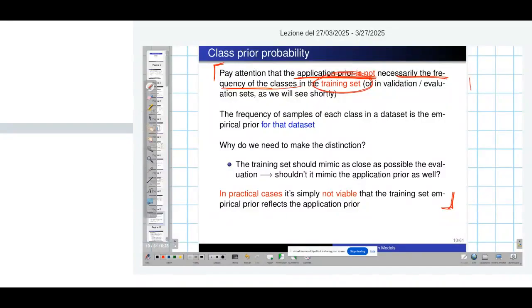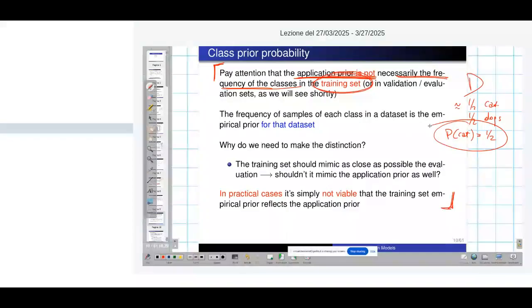The model is trained on some data, which probably will have around half of the pictures of cats and half of the pictures of dogs. The empirical prior for the training set is 1/2 for cat. But this is neither the prior for my application, cat prior equal to 0.9, nor is it the prior of somebody who likes dogs, prior for cat equals 0.1.